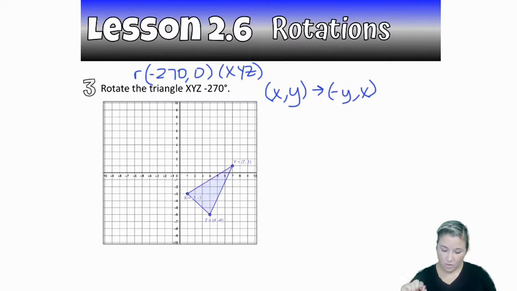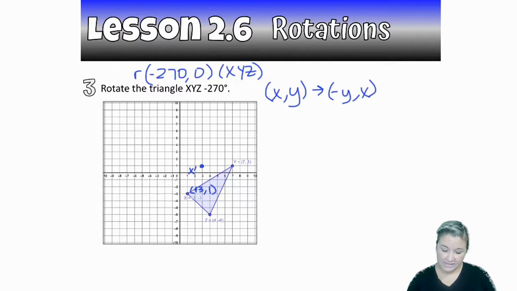And so I have 1, negative 3. So I'm going to flip those. So it's going to be negative 3, 1. And then I change the sign of the first coordinate. So it ends up being a positive. So X prime is going to be right here at 3, 1.